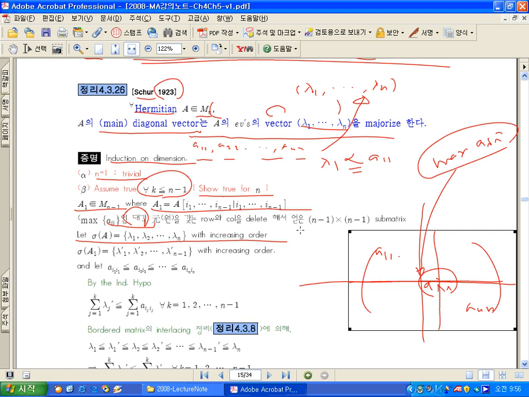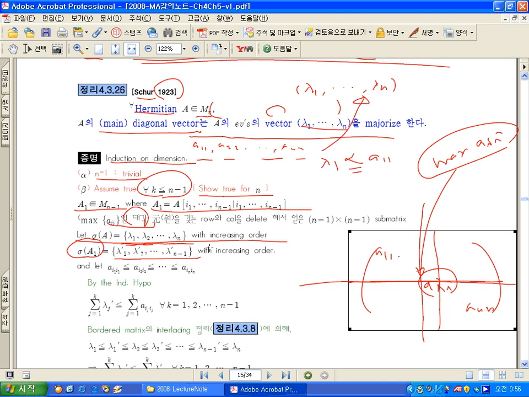Then we can give an order on the set of eigenvalues, the spectrum of A, in increasing order. The n by n Hermitian matrix A has n real eigenvalues, so we arrange them in increasing order. And this n minus 1 by n minus 1 submatrix A1 has n minus 1 eigenvalues.